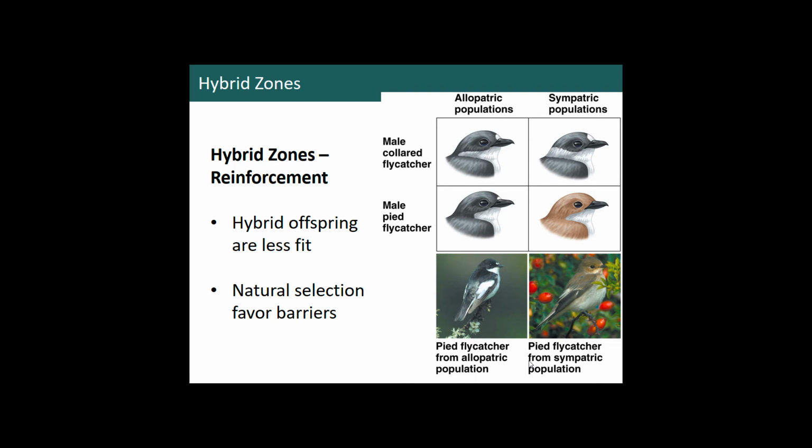They're capable of hybridizing, they produce offspring, but the offspring are really low quality. So we try to prevent that from happening because no parent wants their offspring to not survive, right? So natural selection favors keeping them separate. Does this make sense? Okay.